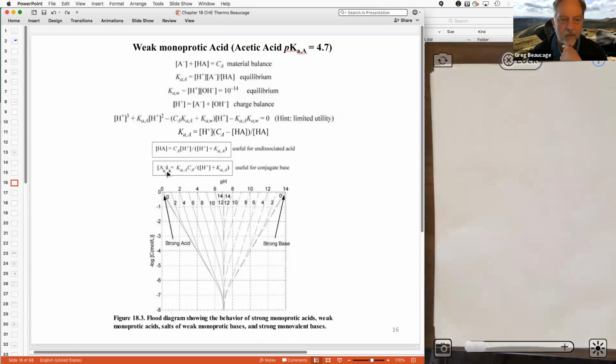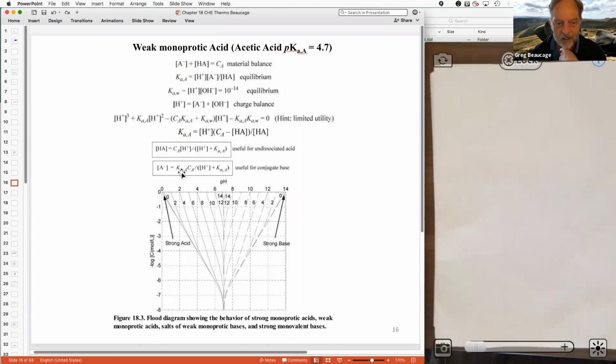and then in terms of the base that's produced, it's going to be a parallel equation, right? So if you're in a basic part, you can see this is a log scale, so this thing takes a dive. So if you're in the basic region, H plus is almost 0, right? So you can forget about that. In the basic part, this guy's just a constant. The same way in the acidic part, this guy ends up being a constant, because in the acidic part, H plus is way larger than Ka. So then basically this just becomes Ca, right?